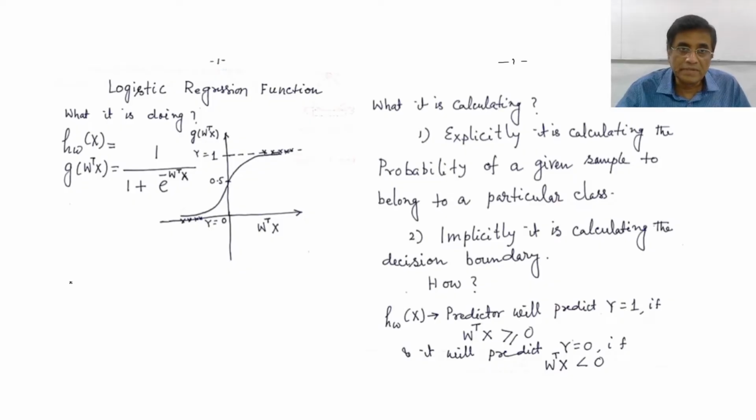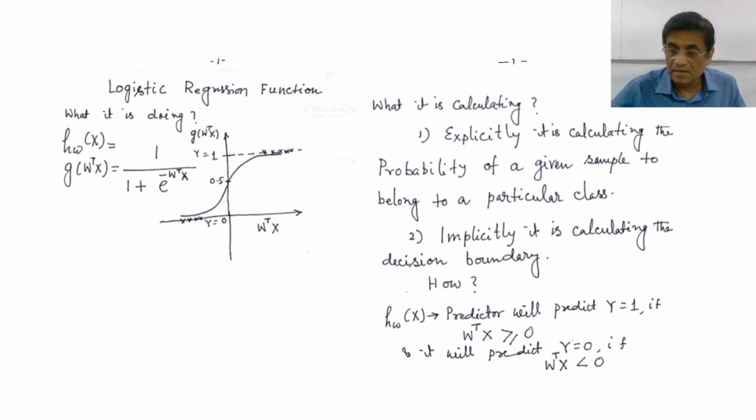So then what we did, we introduced a sophisticated concept that the predictor will be a function of W transpose X, and this function is a logistic function. The definition of predictor in case of logistic regression is 1 by 1 plus e to the power minus W transpose X.